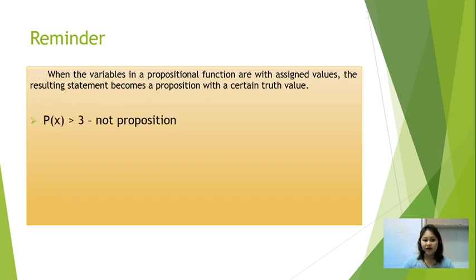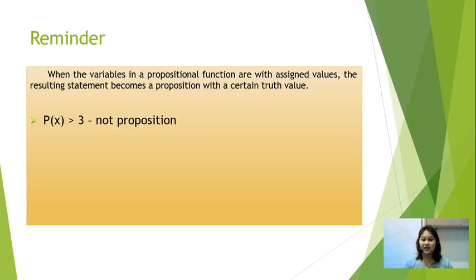So we have here P of x is greater than 3, which is not a proposition. Why? As discussed in the week 1 module, propositions are the building blocks of logic.